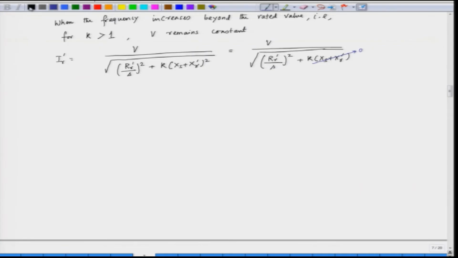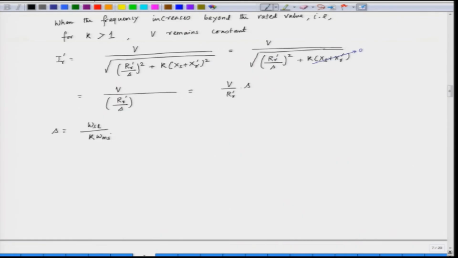In that case, what we get here is V by R r prime by S, which is equal to V by R r prime into S. Now, S was equal to the slip speed divided by k into omega m s.